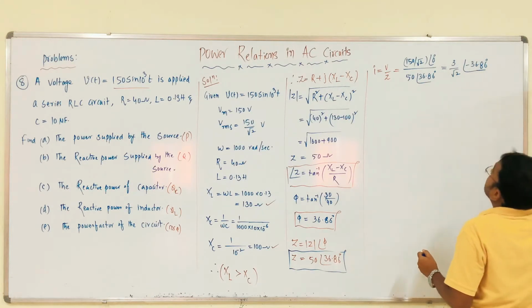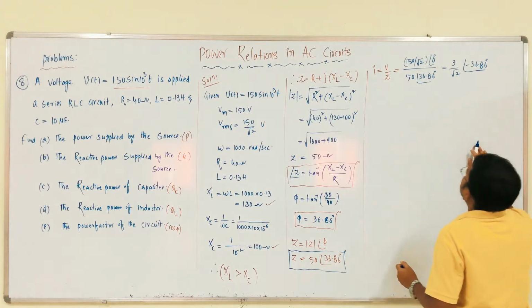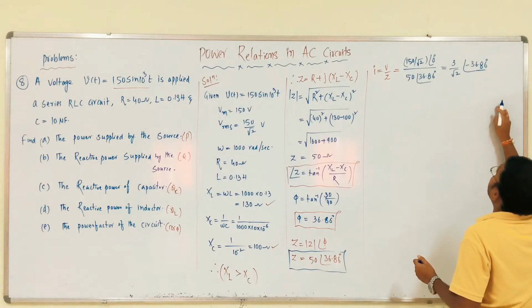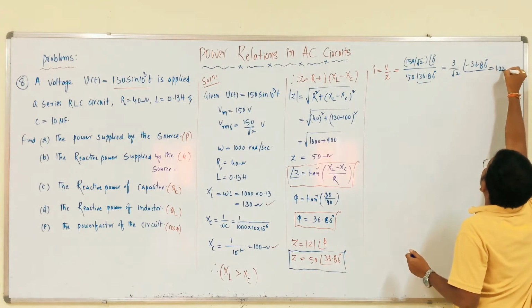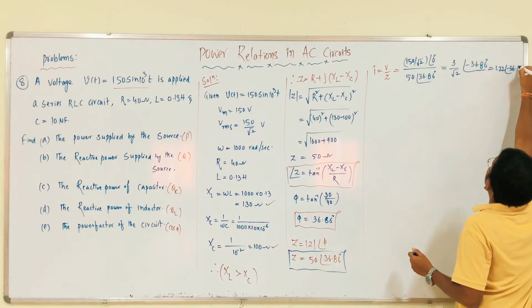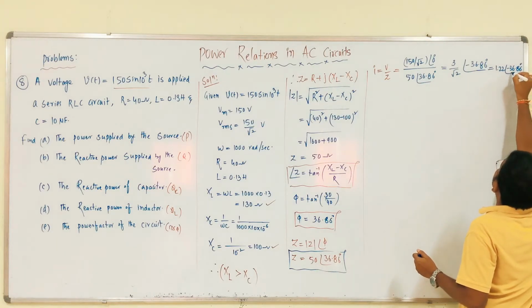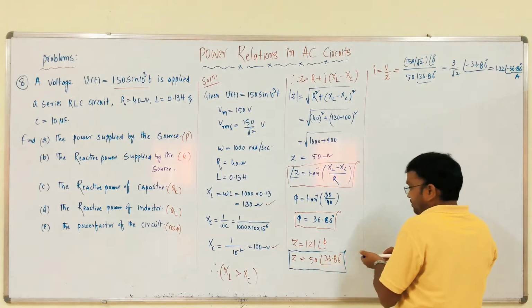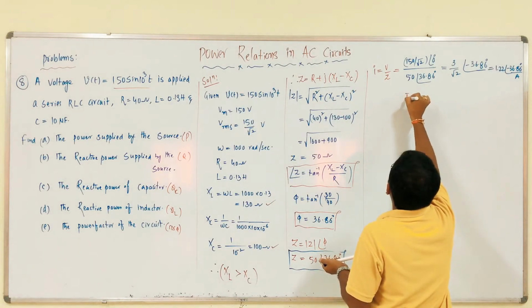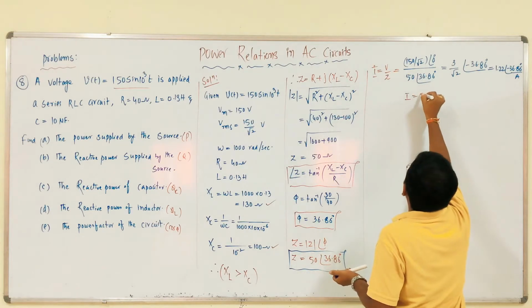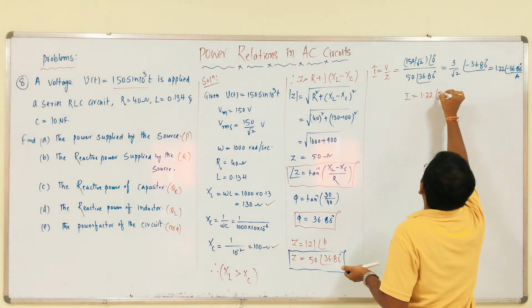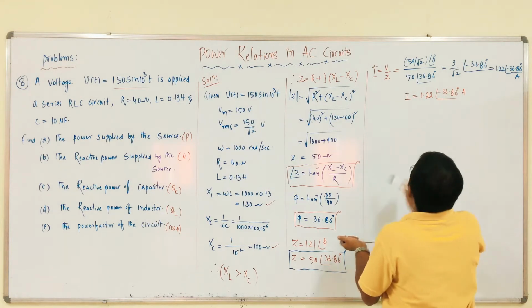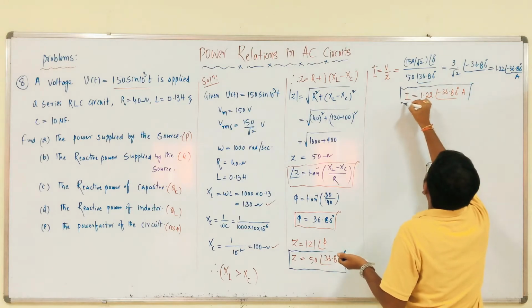This is the value of current, approximately 1.22 at minus 36.86 degrees amperes. Clear.